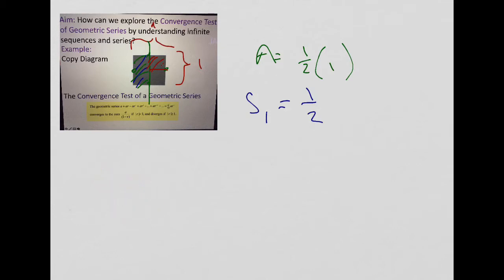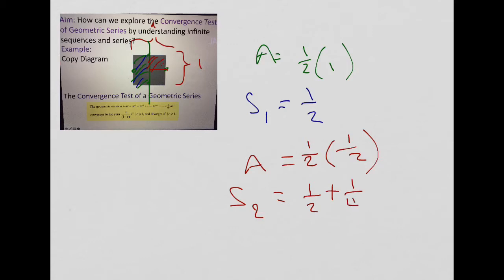All right, so the second one, that one that I did in red, its area is going to end up being 1/2 times 1/2, which is 1/4. So the sum together is, this is the previous sum, and you get 1/4.